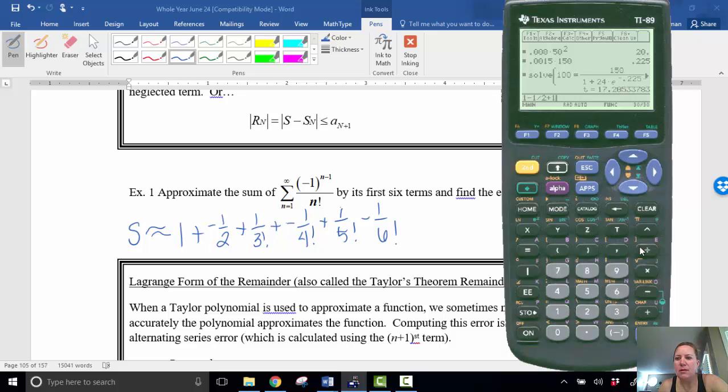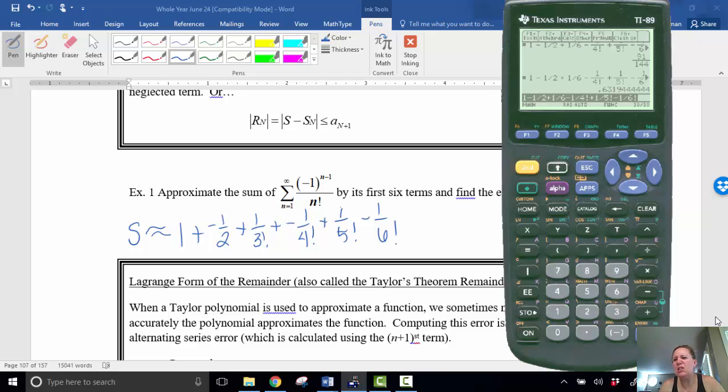Plus, I'll just do a 1/6 minus 1 over 4. Again, diamond divide is the factorial. You can also go find it in the catalog or also in the probability section. Usually that's where the factorial is. Okay, hopefully I got them all right in there. And let's diamond enter that real quick.